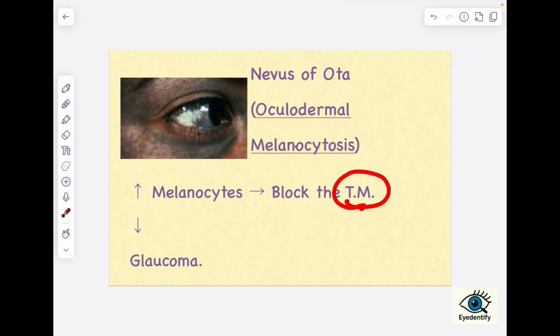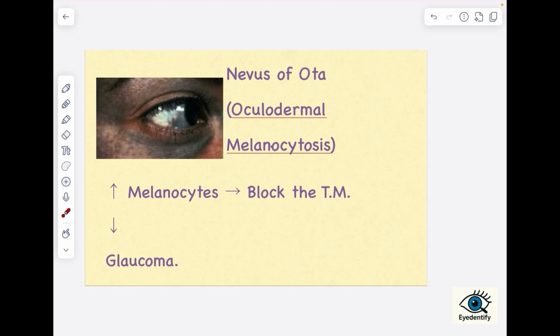The trabecular meshwork is the drainage site for aqueous humor, situated in the angle of the anterior chamber. So when the trabecular meshwork gets blocked, it will cause a rise in intraocular pressure, which is called glaucoma. Now, a late complication of this is also malignant melanoma, but that is a very rare complication. The most likely complication is glaucoma. Okay, so this is the answer.